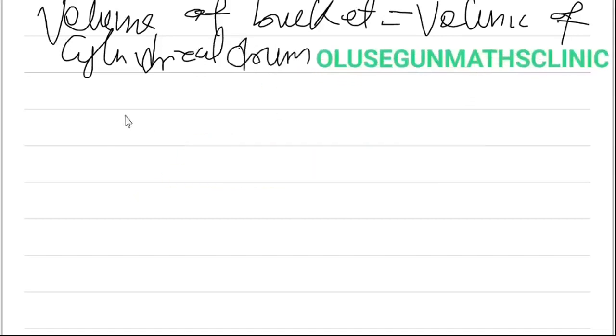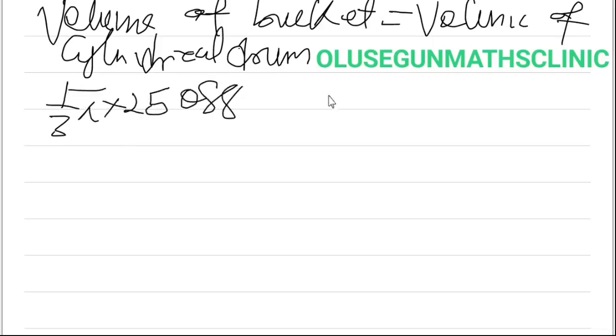So if the volumes are equal, it means 1 over 3 pi times 25,088 will be equal to pi r squared h. Let's cross multiply.